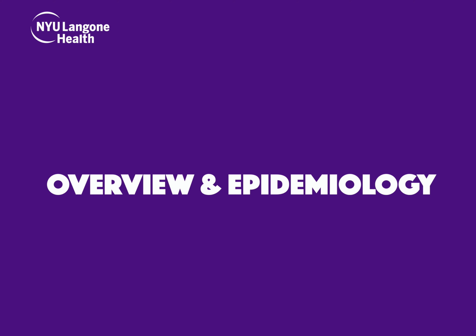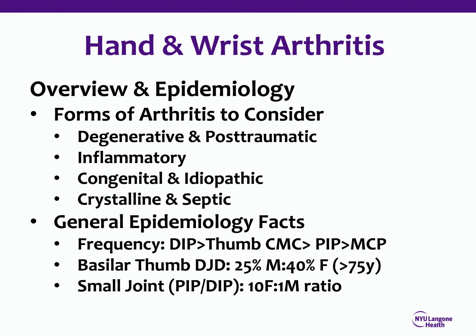So let's first go over some of the epidemiology and more general concepts. Obviously, arthritis comes in a bunch of different flavors. Degenerative and post-traumatic are frequent in the hand. There are certain joints that are built to develop a little bit of arthritis, i.e. the basilar thumb, the small joints because of the force they take, and then obviously in pathologic situations, we'll dive deeply into some of the mechanics of the wrist.